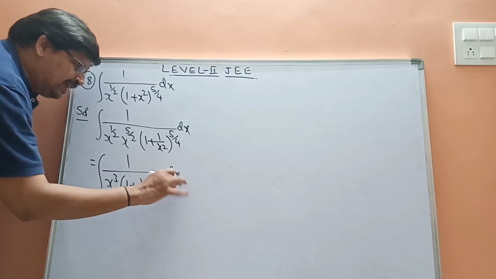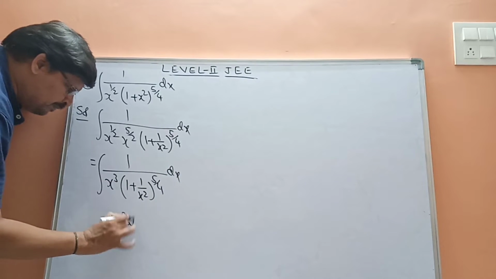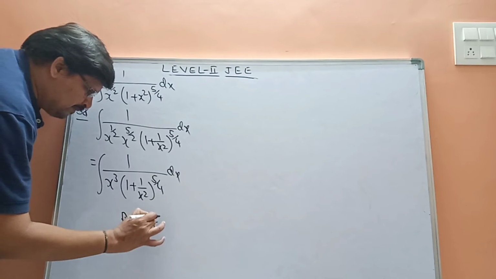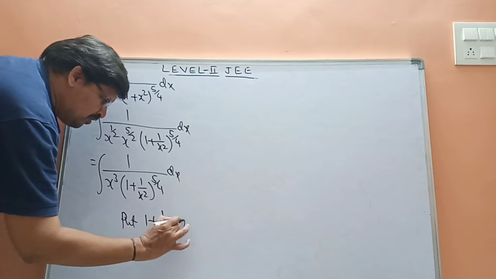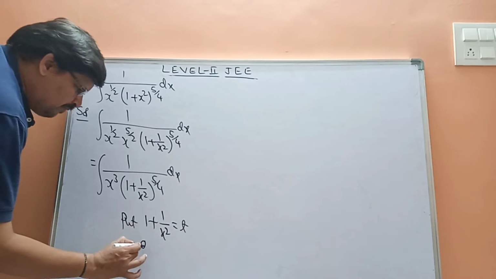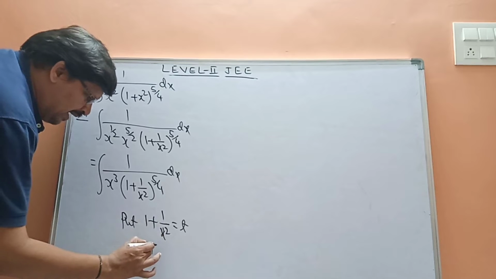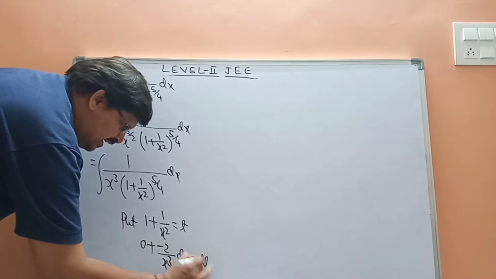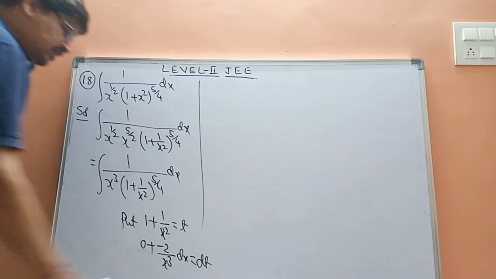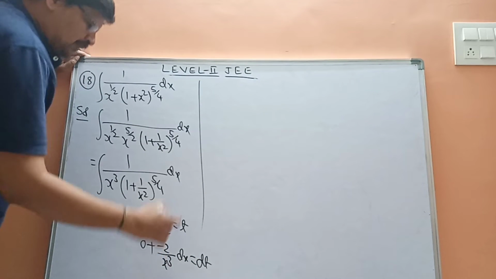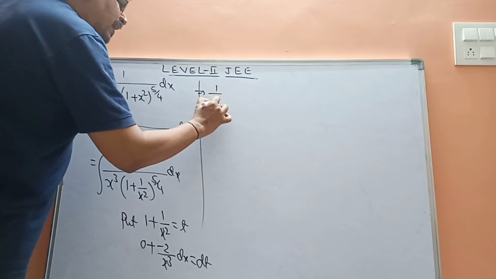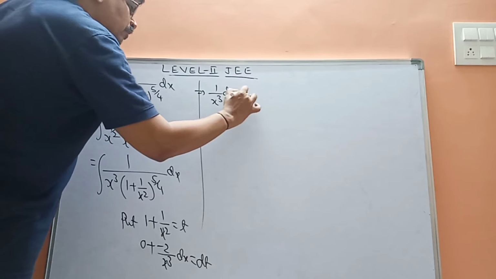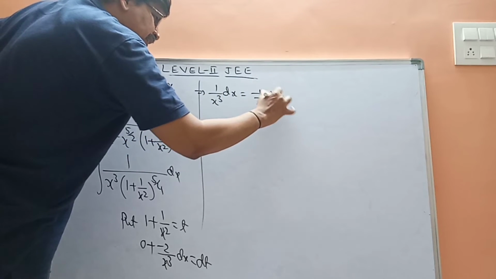This equals 1 by x cube into (1 plus 1 by x square) whole to the power of 5 by 4 dx. Now this is just a substitution problem. Put 1 plus 1 by x square equals t. The derivative of 1 is 0, the derivative of 1 by x square is minus 2 by x cube, so minus 2 by x cube dx equals dt. It implies 1 by x cube dx equals minus 1 by 2 dt.